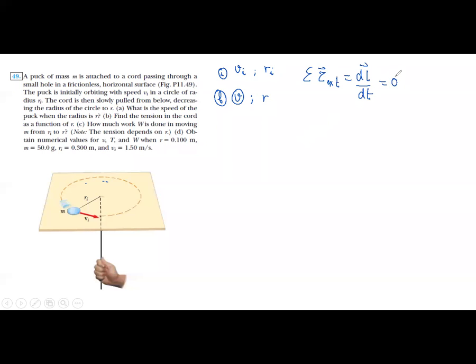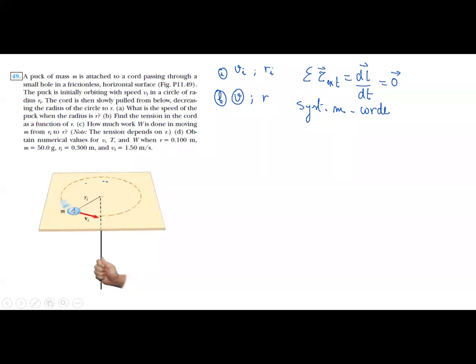equals 0. Why? Because first of all we have a system of mass m and a cord. What are the external forces applied on the system?